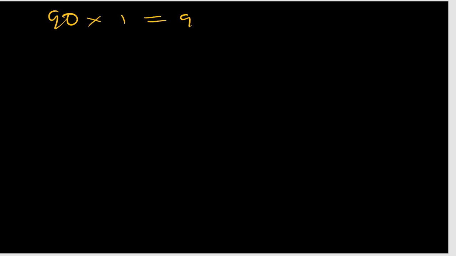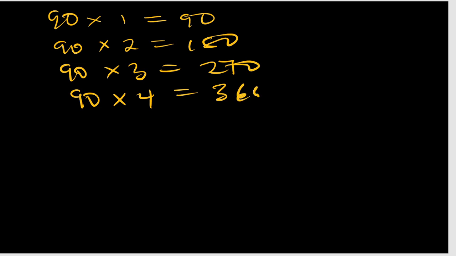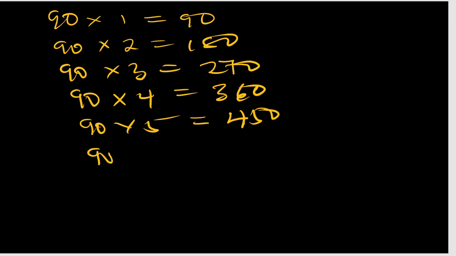This is 90 times 2, which is 180, 90 times 3, 270, 90 times 4, which is 360, 90 times 5, that gives us 450. Then 90 times 6, that gives us 540, etc. We can continue on and on.